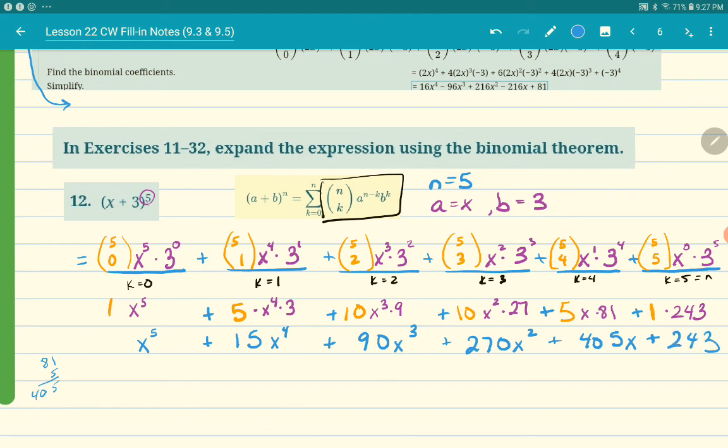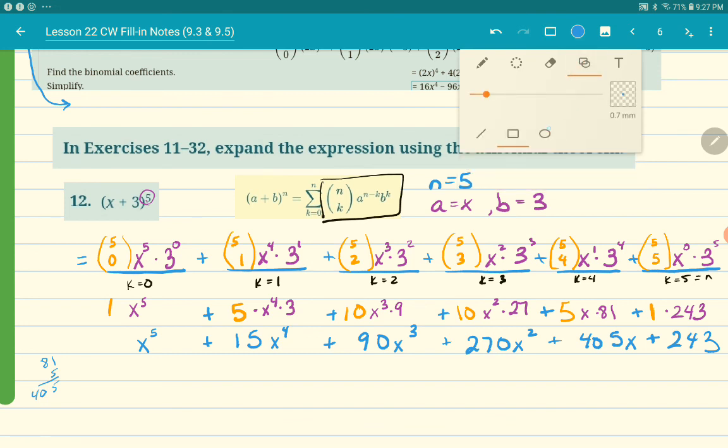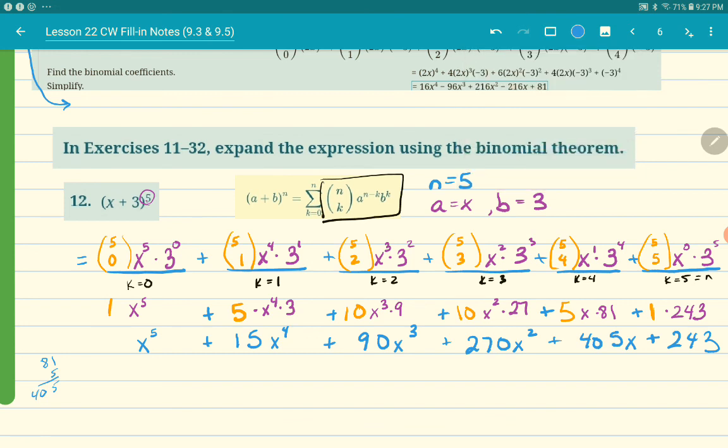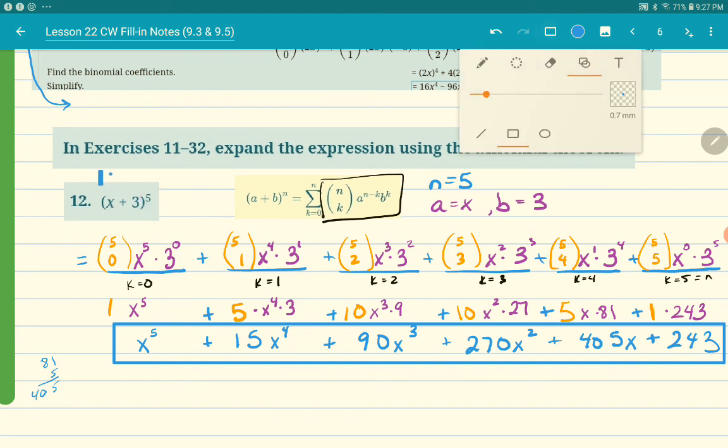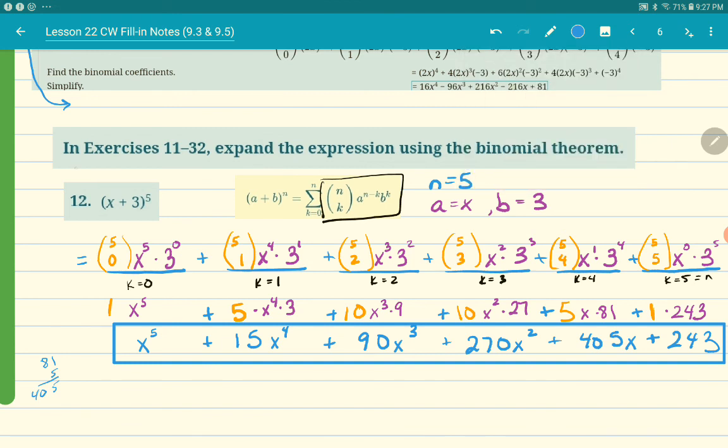All right, and that is my final answer. So there's my expanded binomial. So if I take x plus 3 and write this out 5 times and just multiply it by FOIL, just distributing over and over and over again, that would be exhausting.